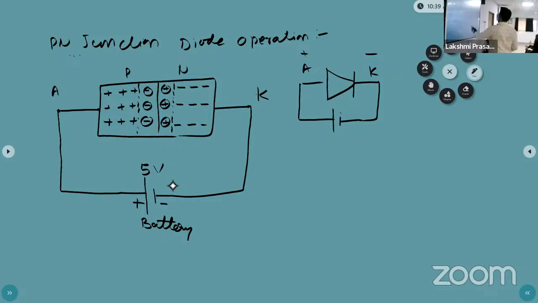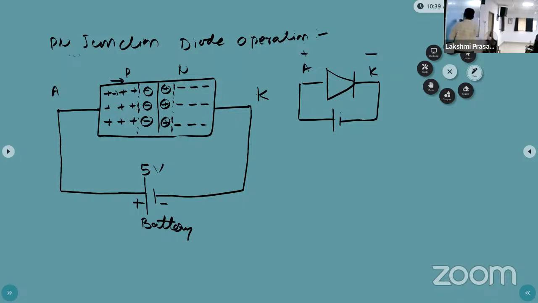Now after repelling, what is the hole's direction? Towards the N-type semiconductor. So the hole is moving like this. This hole moves towards here, and this hole is moving towards here.